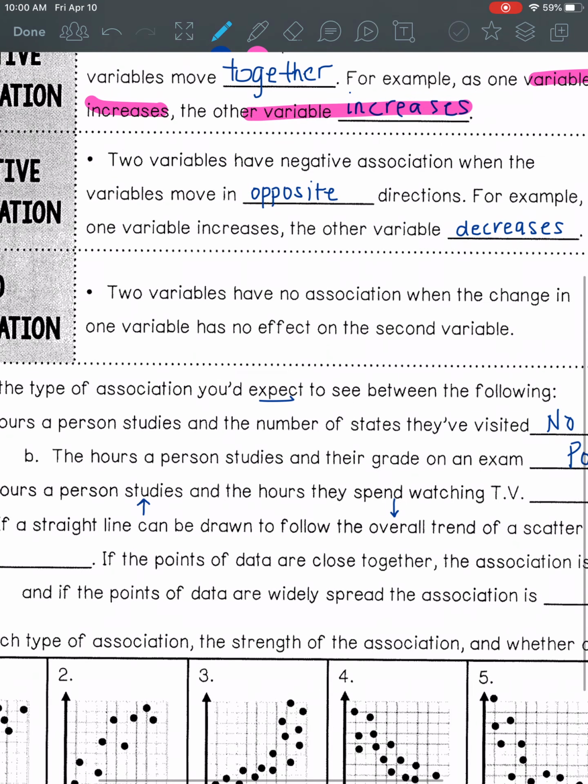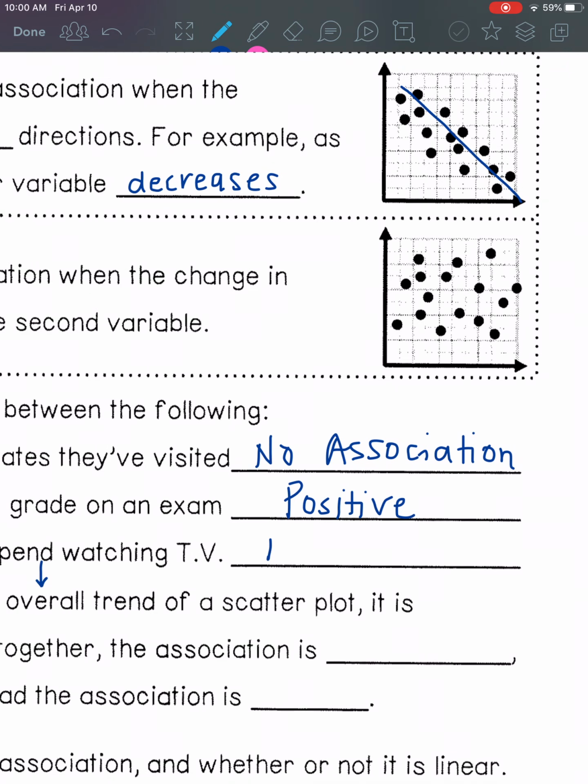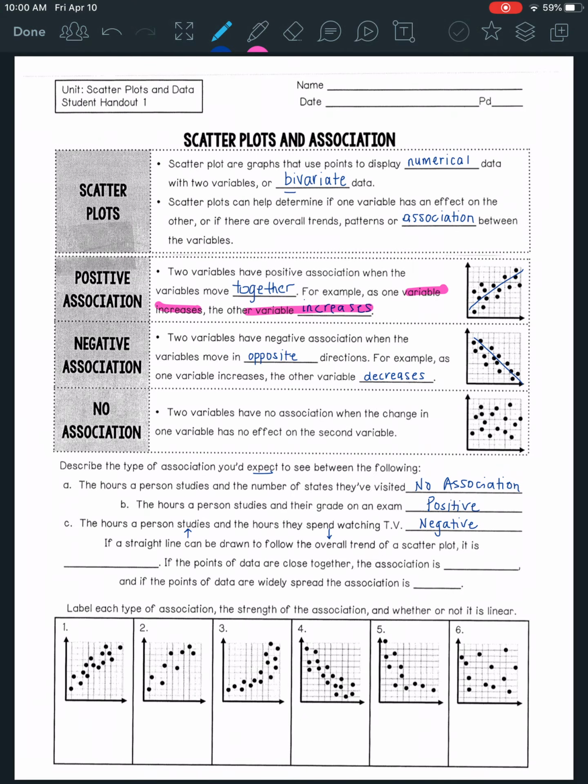You notice these two things are going in opposite directions. You're increasing the hours you're studying, so the amount of time on TV is decreasing. Opposite directions, that would be a negative association. So we could figure out associations without even having a graph.